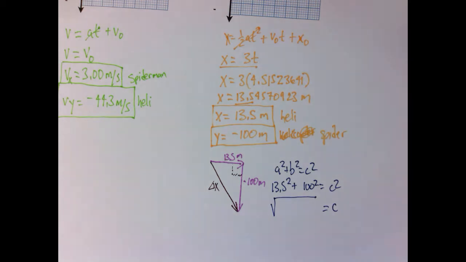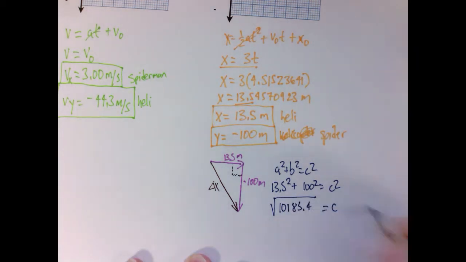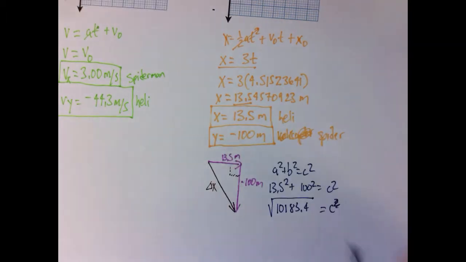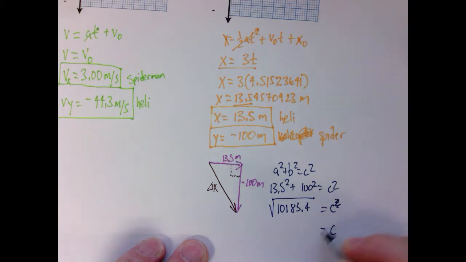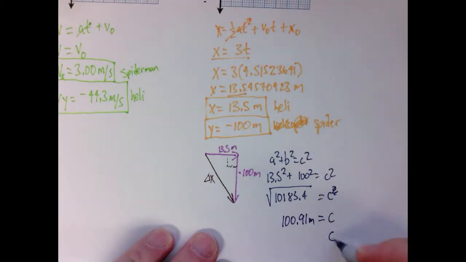Underneath the radical, it's 10,183.4. And then c is 100.91 meters. So then c, to 3 significant digits, would be 101 meters.